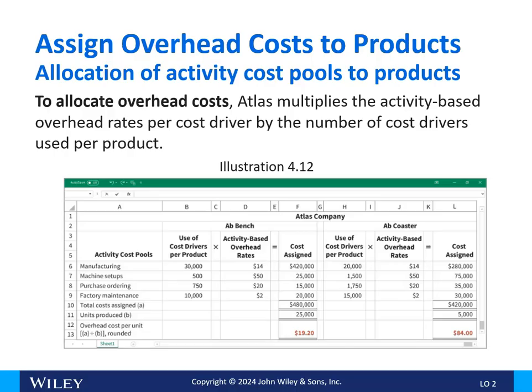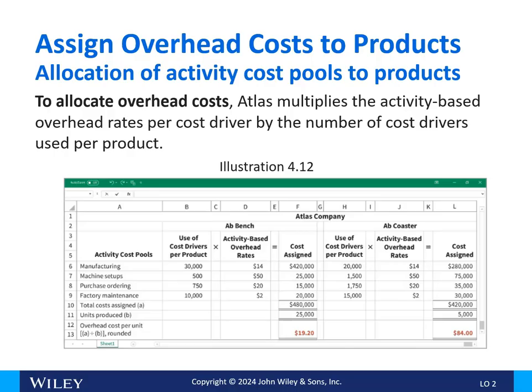And then the maintenance, 10,000 square feet at $2 per square foot is 20,000. So $480,000 of costs assigned to the bench. We're producing 25,000 units, so $19.20 is our overhead cost per unit.